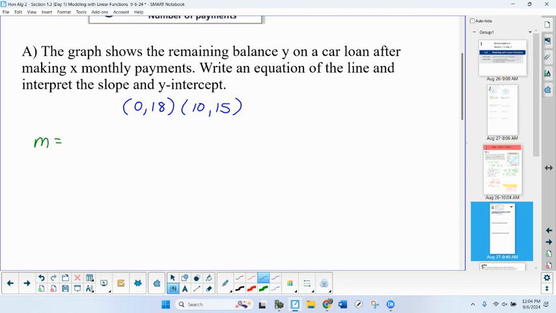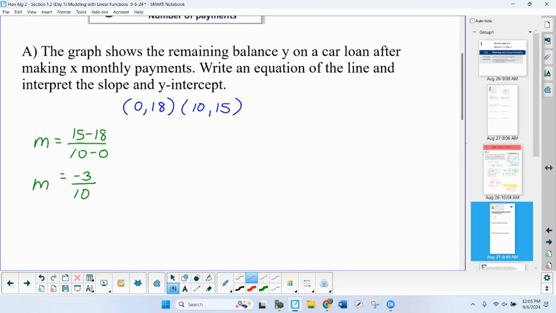It's going to be 15 minus 18. And then 10 minus 0. Good. What's 15 minus 18? Negative 3. Over 10. Is that reduced? Yeah? Okay.